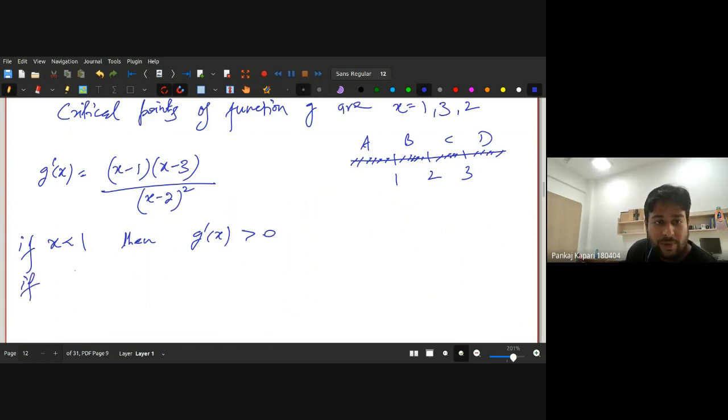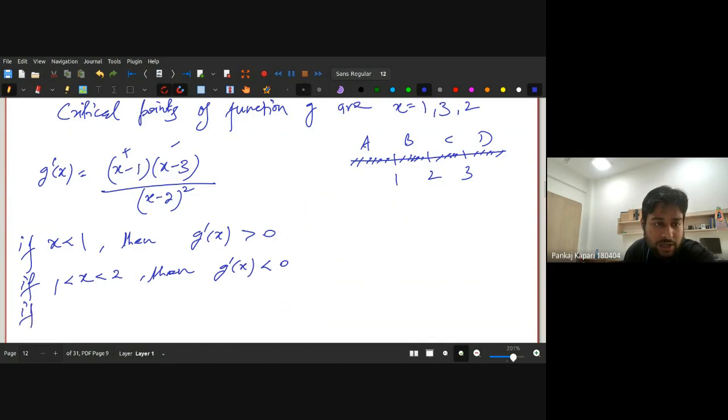What will happen if x lies between 1 and 2? Then x minus 3 will be negative, and x minus 1 will have positive sign, right? Because this time x is greater than 1, so if you subtract 1, it will still be positive. But x minus 3 is negative, so the product is negative.